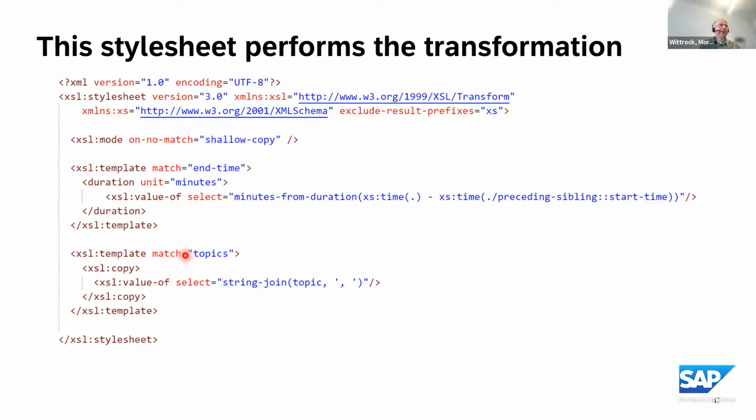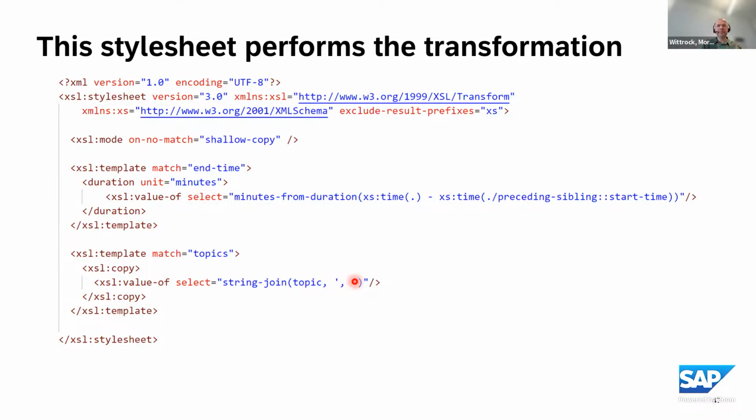For this other template here, we are matching the topics element, and in this case, we are not consuming it, but actually copying it into the output without its child elements. And then for its content, we are using value-of again to compute this string of topics with a comma between them.